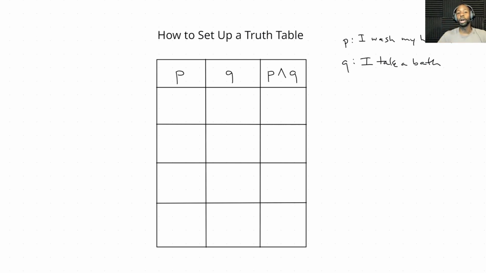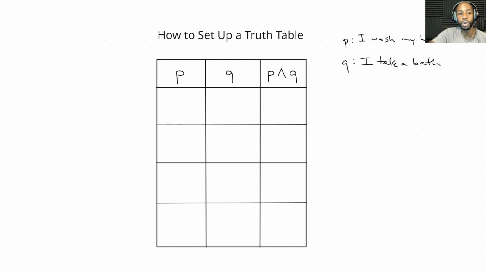And then finally, we want to know when both are false. So we're listing out all the different scenarios, because when you're wanting to evaluate P and Q, you're wanting to go through all the iterations of how P and Q can be true or false.